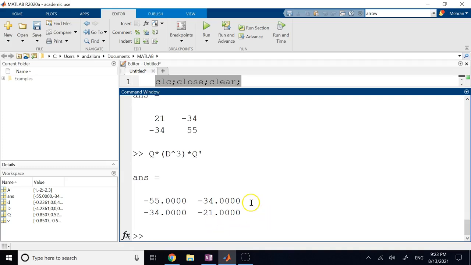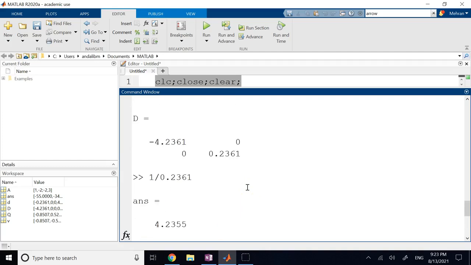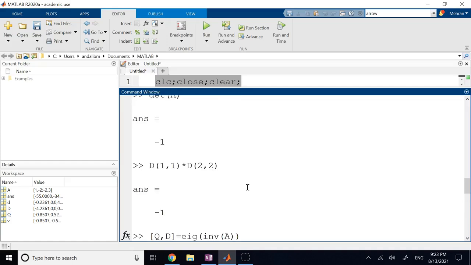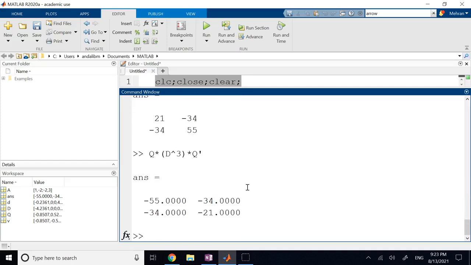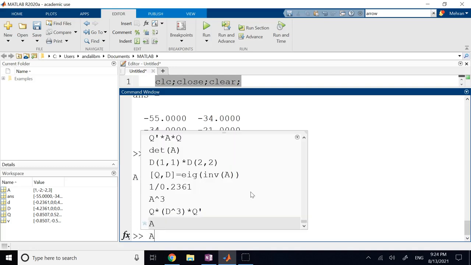Now look at the numbers. Are they the same? Well, let's make sure that I did not make any mistake, which I don't think I did. So A is this.